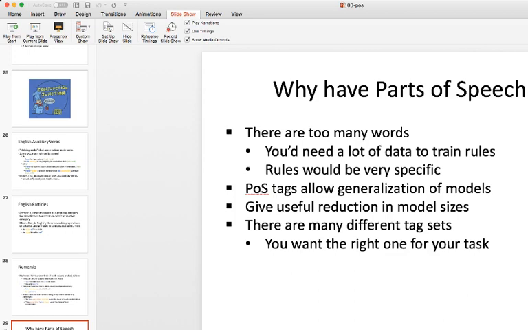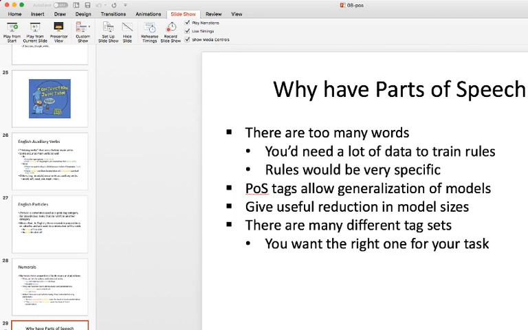Would this be a good idea? What's the problem with that? You'd have to redo the work for each word that's similar. It'd be kind of redundant, wouldn't it? If there are classes of words and they all behave the same, and yet you're writing a rule or having to learn a generalization for each one of them, this is kind of a waste. This is sort of stupid. It's not just stupid, it's idiotic.